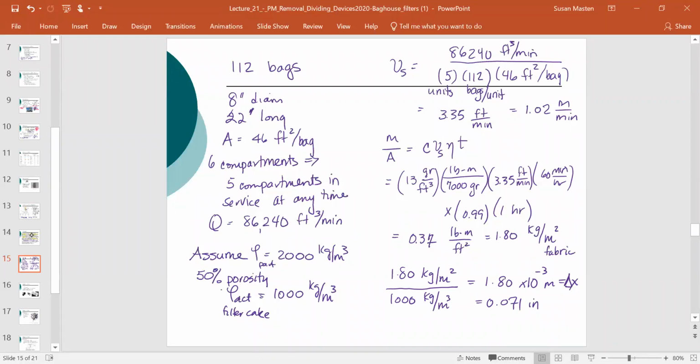We first calculated the mass per area, so this is M over A. By taking that value and dividing it by the density, we can calculate the thickness of that filter cake. And we see that the filter cake is about 1.8 millimeters in thickness, or about 0.071 inches.